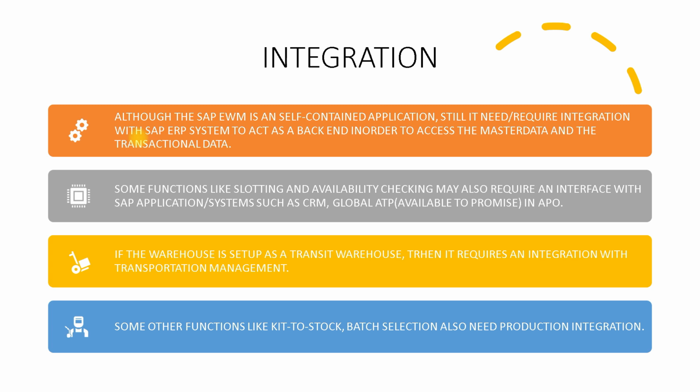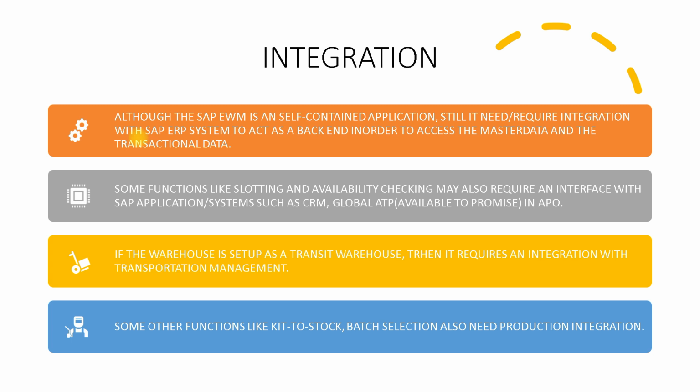Similarly, if you are going for availability checking, if anyone is from the SD side, they will be able to understand what availability check is. For availability check, you need to have an interface with the SAP CRM system, customer relationship management, which is mostly related to SD, and you might also need the global ATP in the APO module. Okay, if anyone is from the APO module, they will be able to understand.